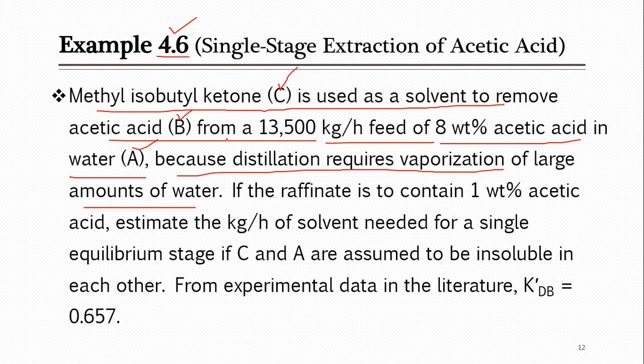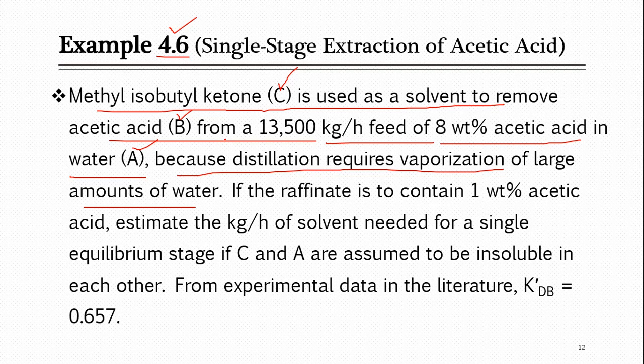We discussed somewhat the same example in the first lecture when we started with liquid extraction, and there we said that when you have more than 50% water in the system, distillation and such methods are not suitable, because we have to remove a very large amount of water. If you remember in that first example, acetic acid has a boiling point of 118 degrees C, while water has a boiling point of 100 degrees C at atmospheric pressure.